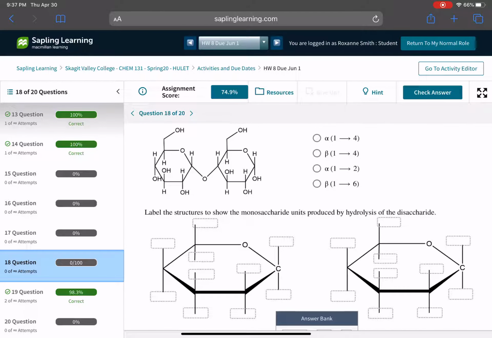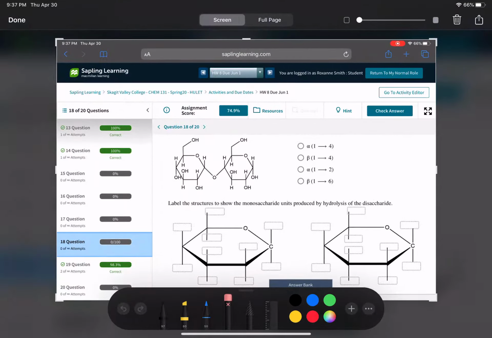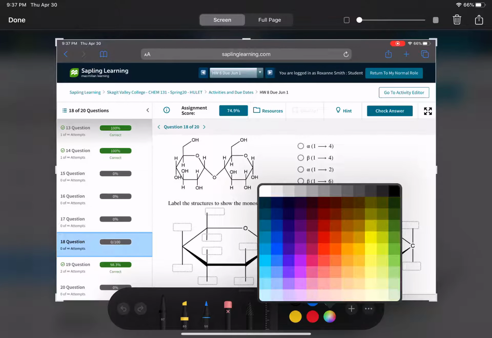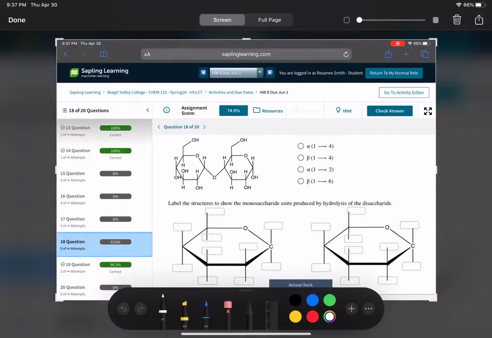So we know that when we're doing the hydrolysis, what we're doing is breaking this bond right here, going away, which means that we know that there's hydrogens right here. And down here, there's OHs. And everything else in these two rings, nothing has changed at all. You haven't done any chemistry to these guys out here. So these are going to be totally unchanged from what they looked like in the disaccharide.